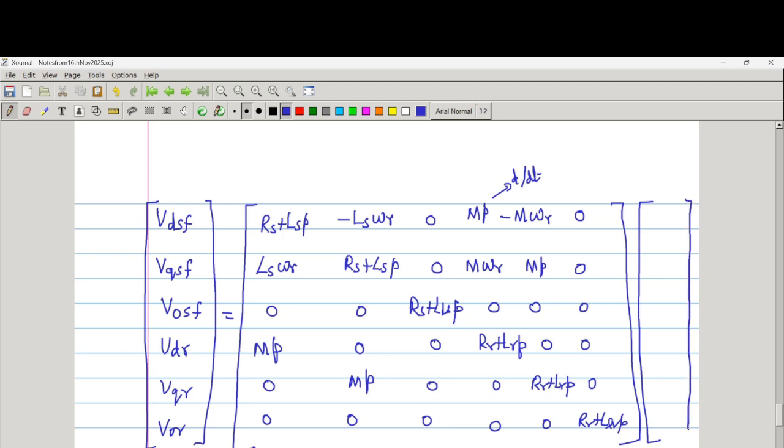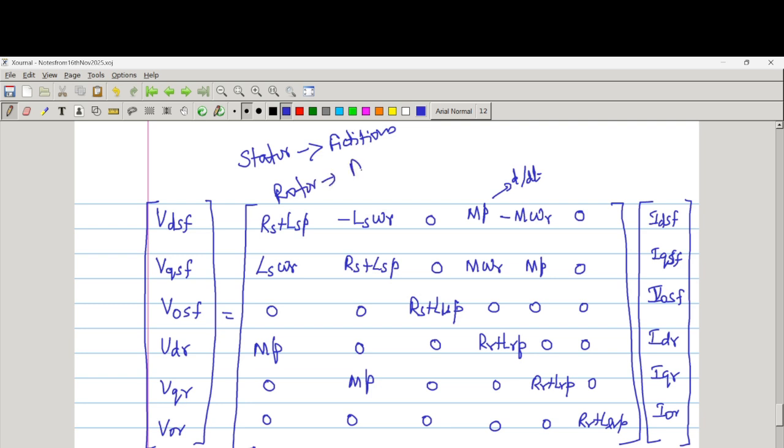Then we will have the next matrix, the current matrix: IDSF, IQSF, I naught SF, then IDR, IQR, I naught R. So this is the matrix where the stator is fictitious and the rotor is as such.